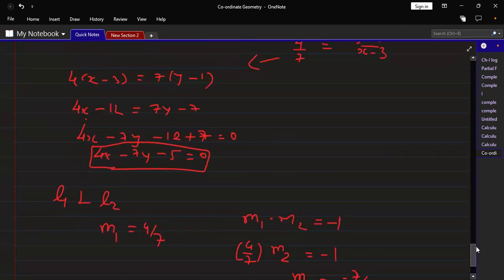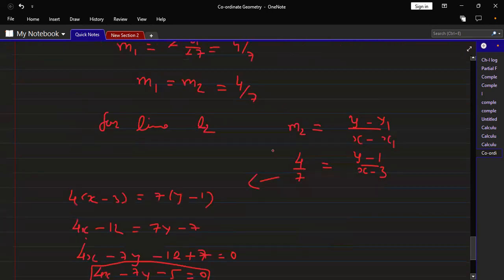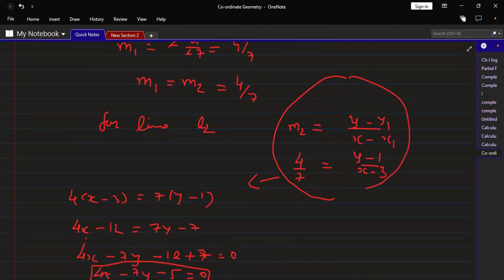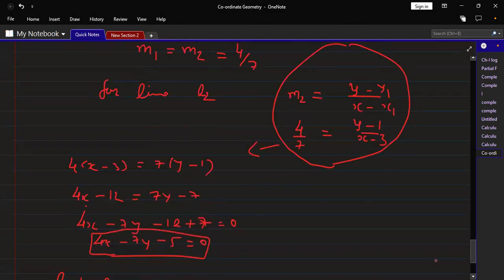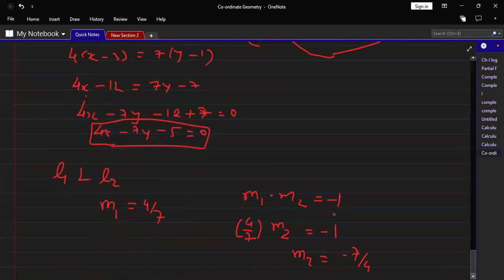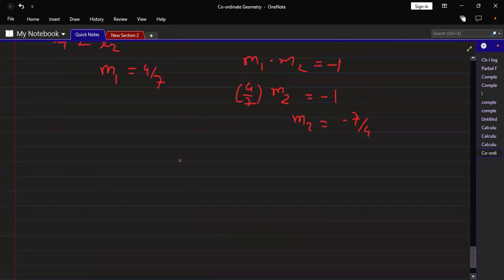In the same way as what we did here, we find the same equation. So M2 equals to y minus y1 upon x minus x1. We know that y minus 1 upon x minus 3.